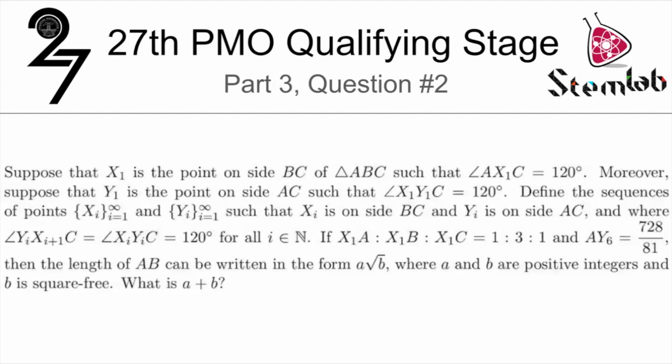Moreover, suppose that y1 is the point on side AC such that angle x1 y1 C is 120 degrees.